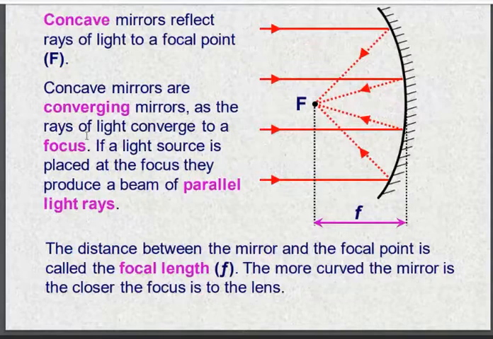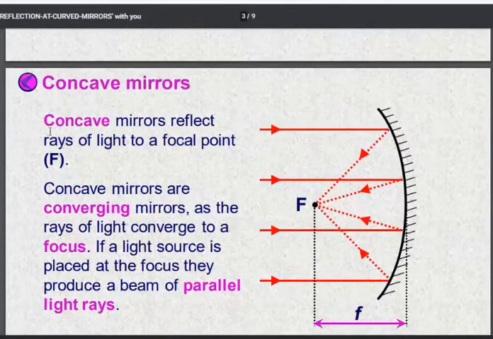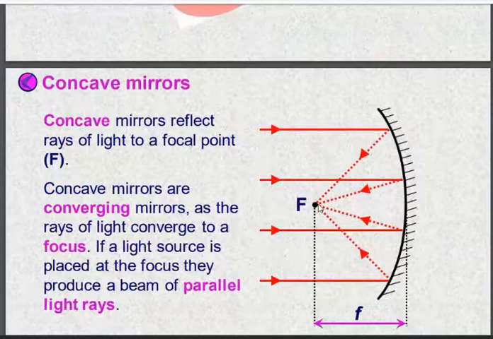As rays of light converge to the focus, if a light source is placed at the focus, the reverse will be the effect. Right now the light source is at infinity, so light is coming in parallel, and after reflection it converges to the focus. What will happen if the light source is placed at the focus itself?